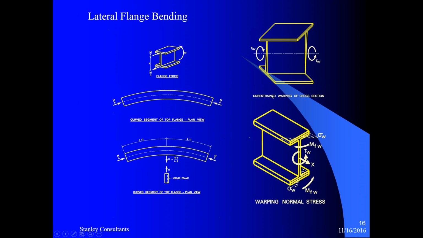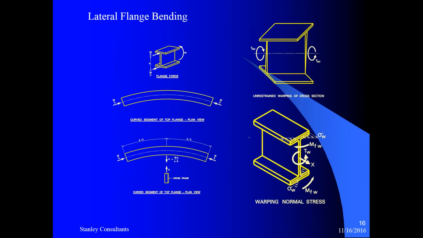So basically we have the radial forces on the flanges of the girder. If we look at just one girder, for example the bottom girder, we have radial forces due to curvature, and then each cross frame acts as a support. So the flange is a continuous beam sitting on its edge, subject to this uniform load of Q due to curvature.